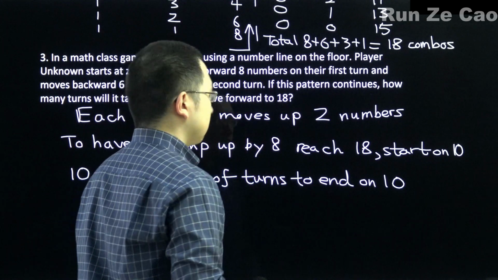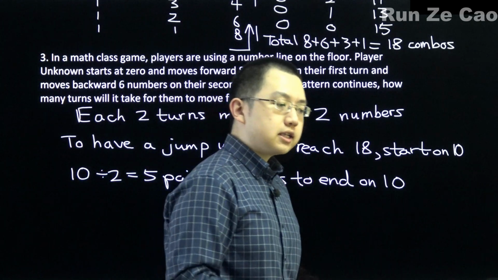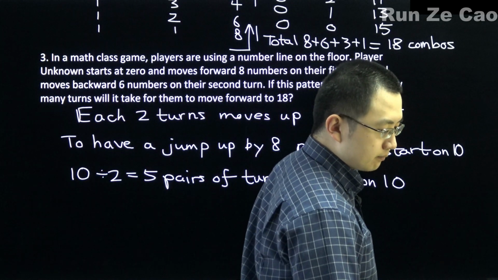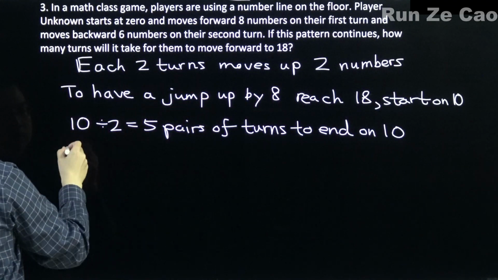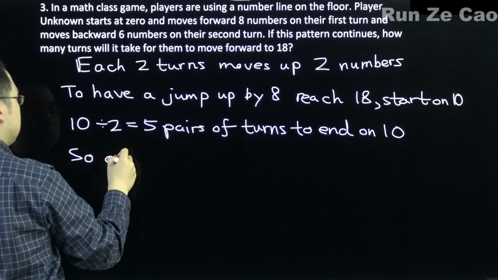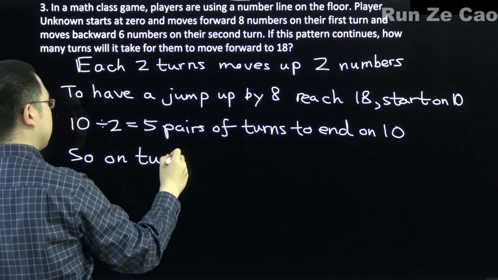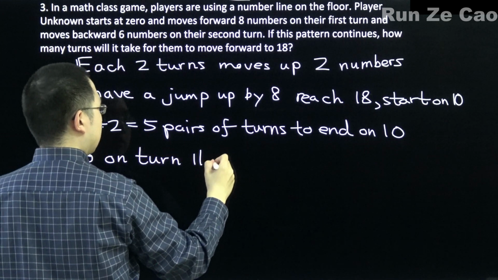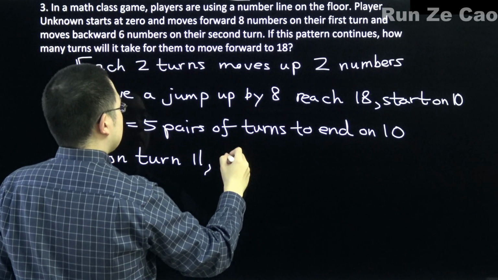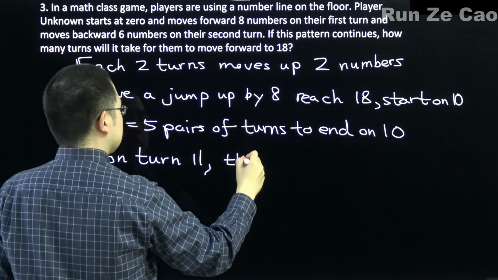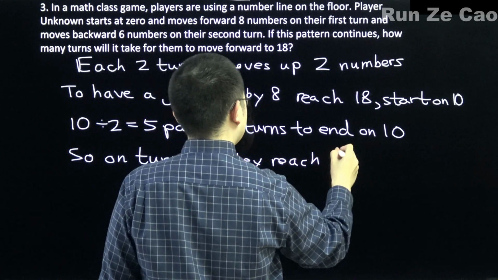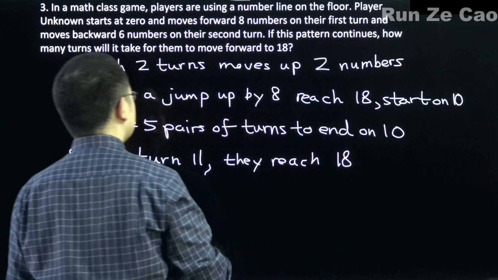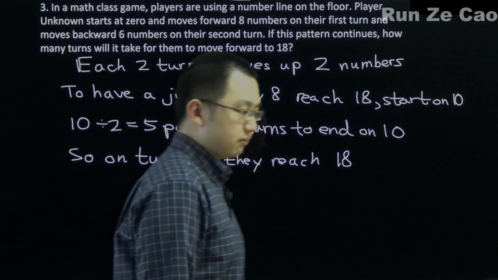And then, if you want to jump up by 8, so on turn 11, they reach 18 because they jump forward by 8.